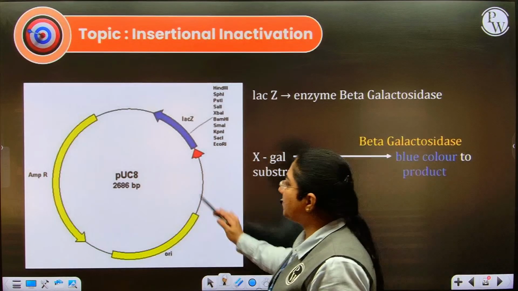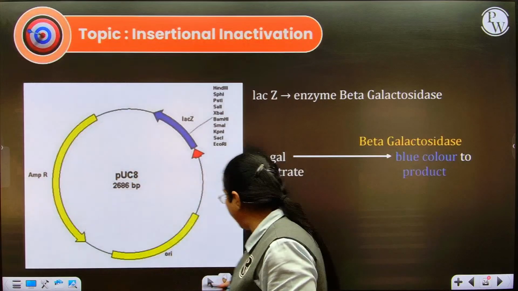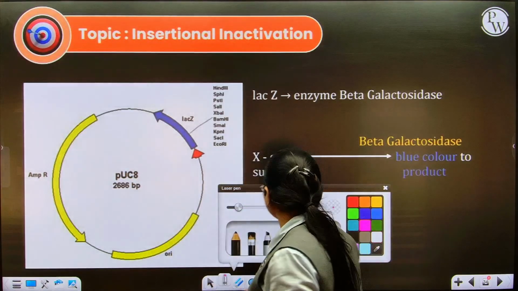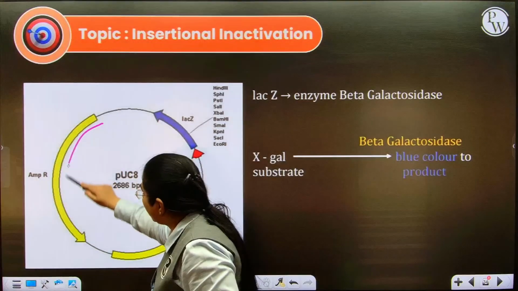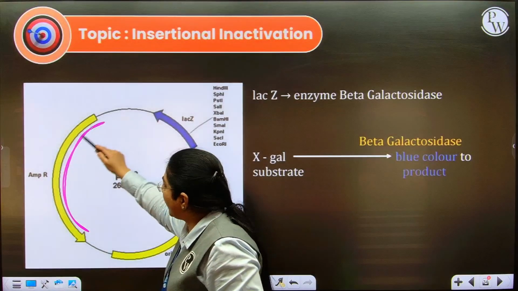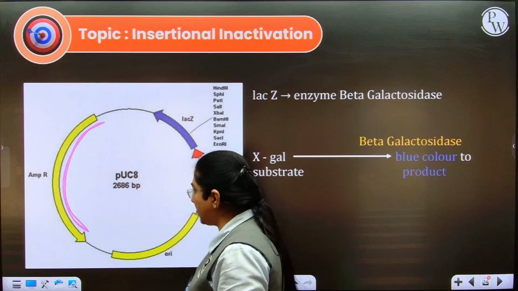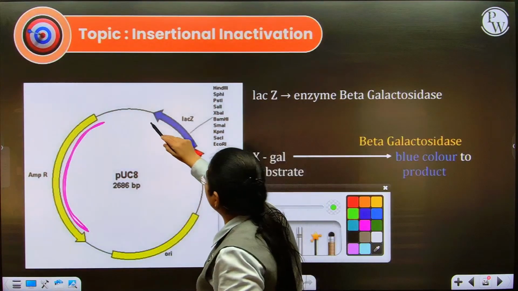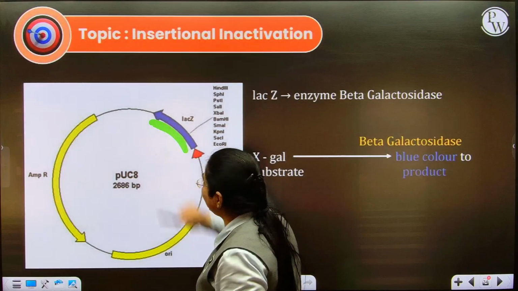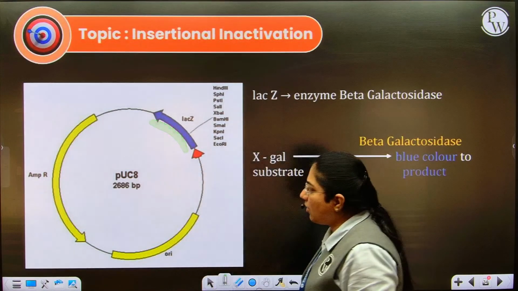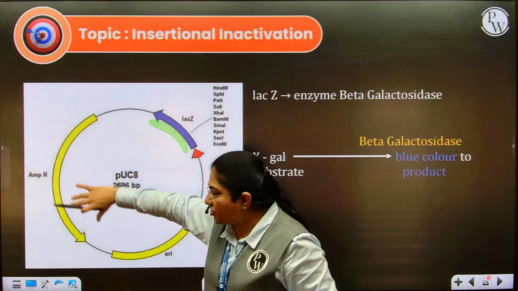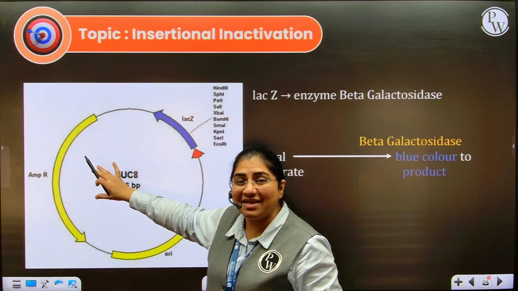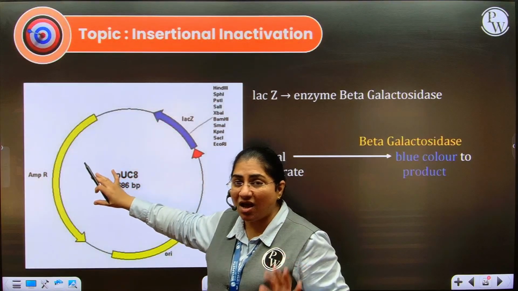This pUC8, on one side, has a gene for resistance against antibiotic, that is ampicillin. And on the other side, there is a gene called lacZ. Now, the ampicillin resistance gene does not have any cloning site for any RE.